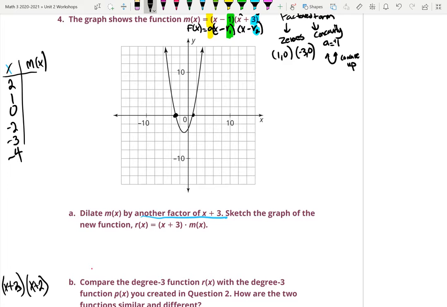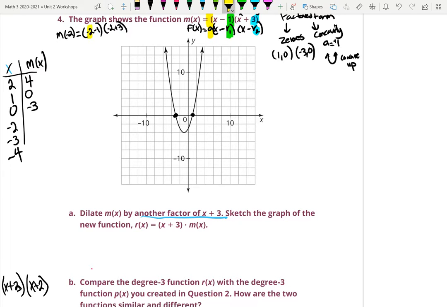Now, you can look at the graph. For example, I can look at the output of 2 and see that it's 4. I can look at my output of 1 and I see it's kind of in the middle, right? Where is the output? Oh, it's in the middle. That means it's on the x-axis, which means it's going to be 0. At 0, it's going to be negative 3. But I can also figure it out by plugging it into my equation. Those of you who like algebra, you can plug it into the above equation.